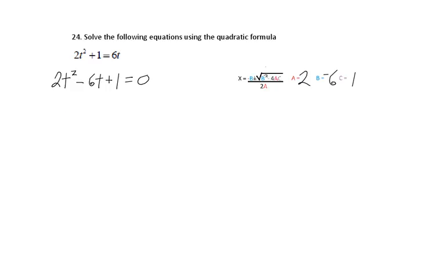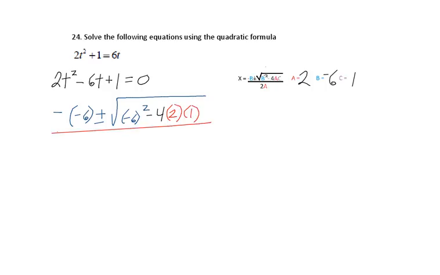So it's going to go minus negative 6 plus minus square root of negative 6 squared minus 4 times 2 times 1 over 2 times 2. Well, the double negative will become positive, so that's going to become positive 6 plus minus square root.